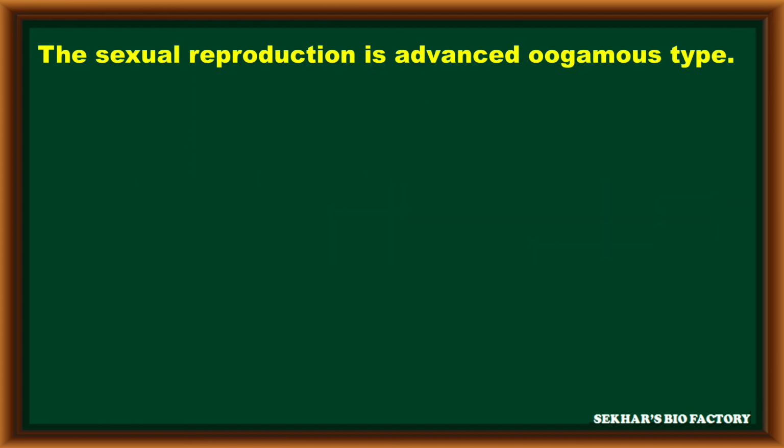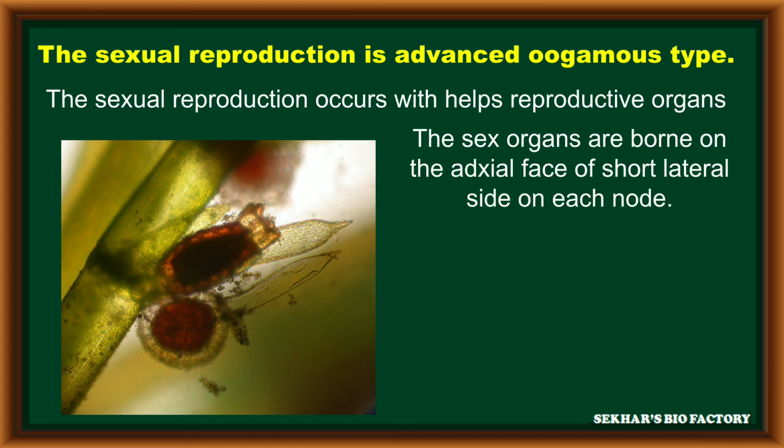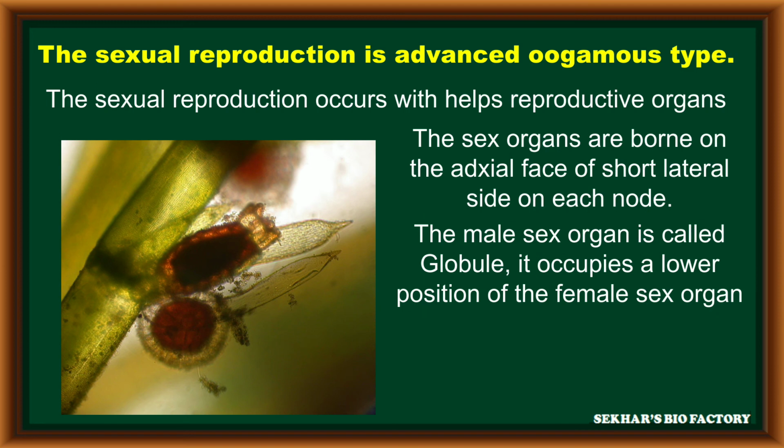The sexual reproduction in Chara is an advanced type of oogamy. It takes place with the help of reproductive organs. The sex organs are borne on the adaxial face of the short lateral branch at each node. The male sex organ is called the globule, and it occupies a position below the female sex organ.